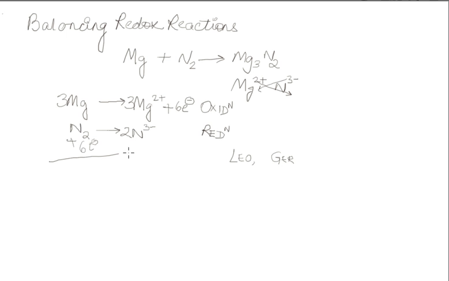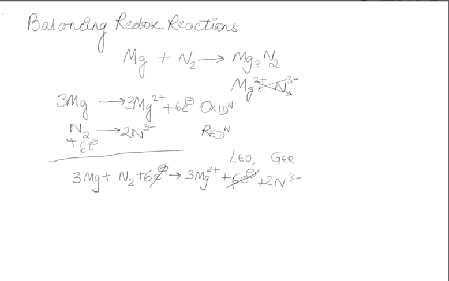So you now simply need to add the 2 half reactions so that you get a final equation. So now you have 3 magnesium plus nitrogen plus 6 electrons gives you 3 magnesium ions plus 6 electrons and 2 nitrides.